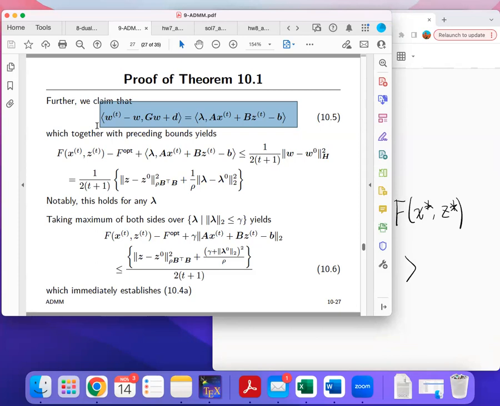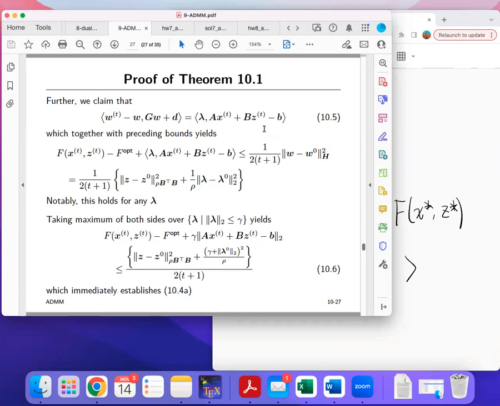Just simple linear algebra. And that's why we say this inner product term is related to the constraint violation, because it is exactly the inner product term that we see in the Lagrangian function. It's the multiplier lambda times the constraint violation. But we just introduce some notations to rewrite it into this form. It is just the term in the Lagrangian function.